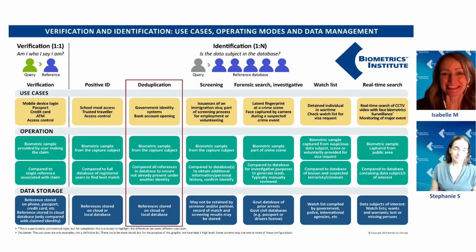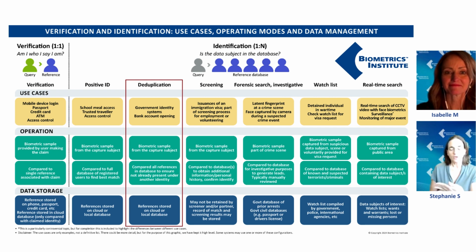So what's happening here, Stephanie, if we go into a bit more detail than in the other graphic that we talked about? Right. So in deduplication, it's different in the sense that usually this is happening at enrollment, and they're making a decision whether to add a new identity into the database.